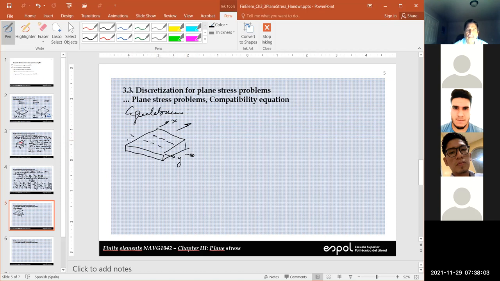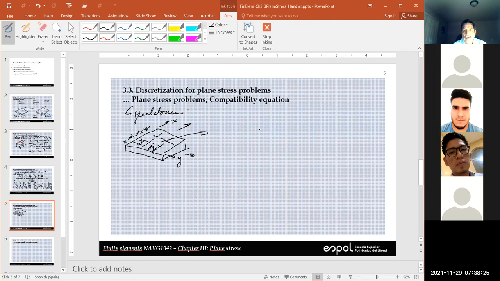Up to here, this is X, and this distance is dx. Similarly, in the Y direction, this cut is at position Y, and it comes up to this.